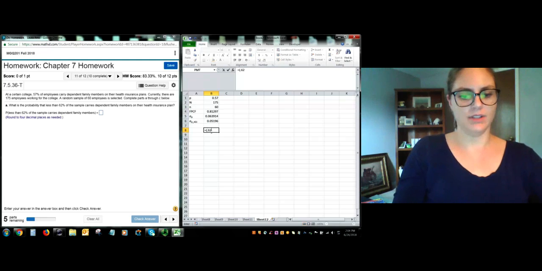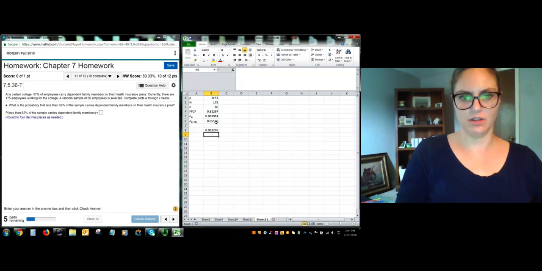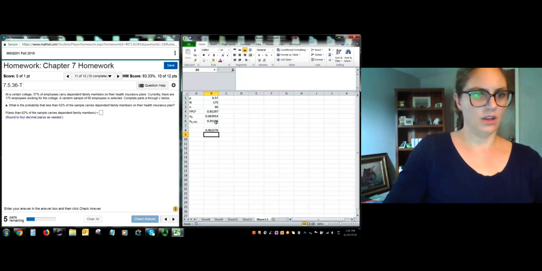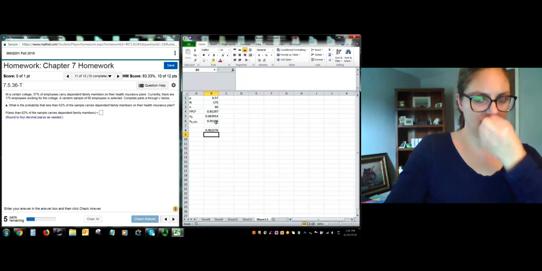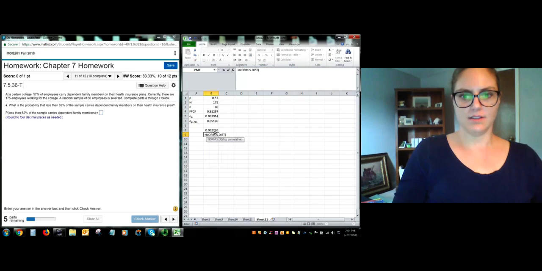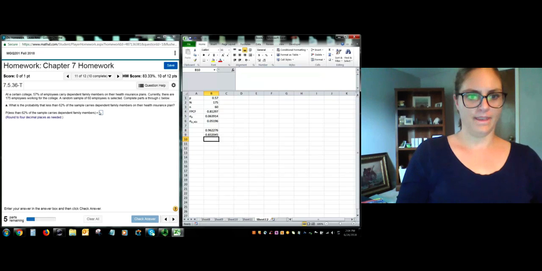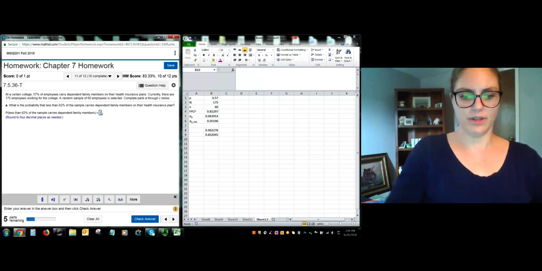So 0.62 minus 0.57 divided by the adjusted standard error of the population proportion equals norm.s.dist here, TRUE. This is going to be close to 0.8320.